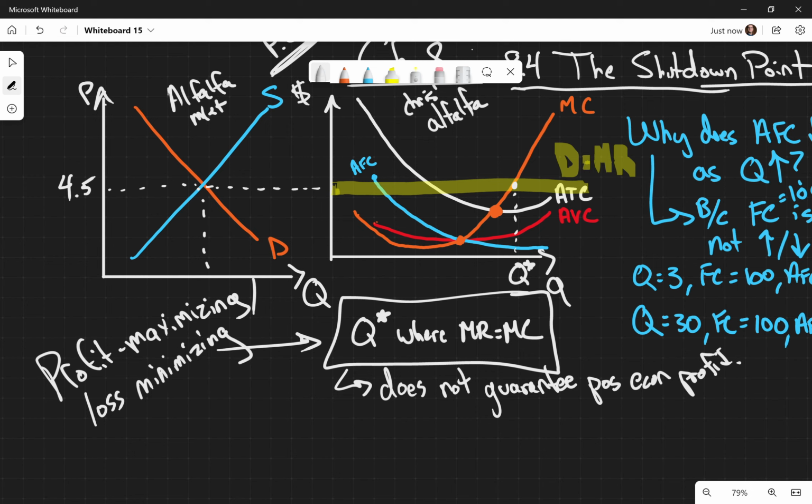So sometimes profit maximization is getting the least amount of loss, right? If you think about profit as a positive or a negative number, when it's negative, that's a loss. So you want to lose $50 instead of losing $7,000, right? In that case, the lower number is better. It's like golf.